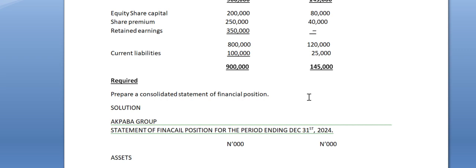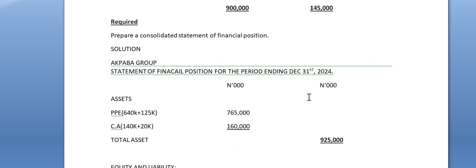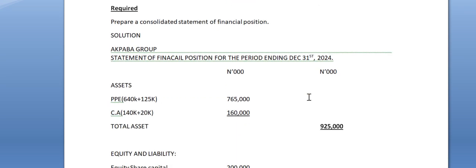This heading alone can give me 1 mark. And then I proceed. I write my asset. PPE 640 plus 125. I close the bracket because there are no adjustments in this question. I have combined them, 640 plus 125, 765. Current asset 140 plus 20, 160.